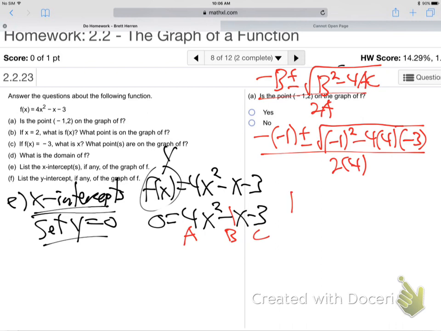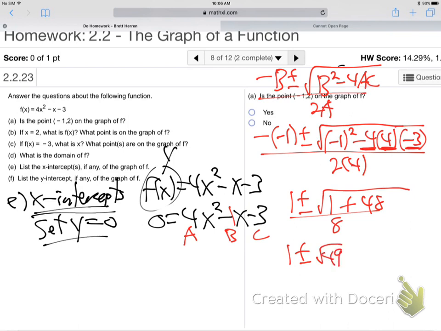And so what do we get there? 1 plus or minus the square root of 1. This is negative times positive times negative, 2 negatives, positive, that's 48, all over 8. 1 plus or minus root 49 over 8. That's 1 plus or minus 7 over 8, right? Square root of 49 is 7.